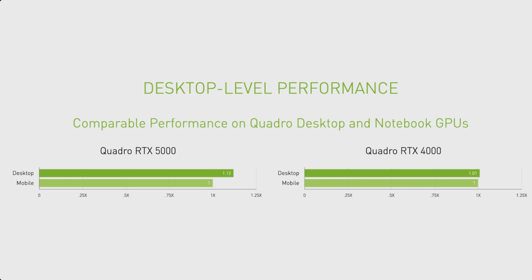A lot of the Ampere have not become available yet in mobile, but that is definitely coming. NVIDIA has made this a bit more simple to understand. So if you look at the Quadro RTX 5000 and 4000, the desktop model of this exactly same named GPU, the performance is nearly exactly the same between mobile and desktop.